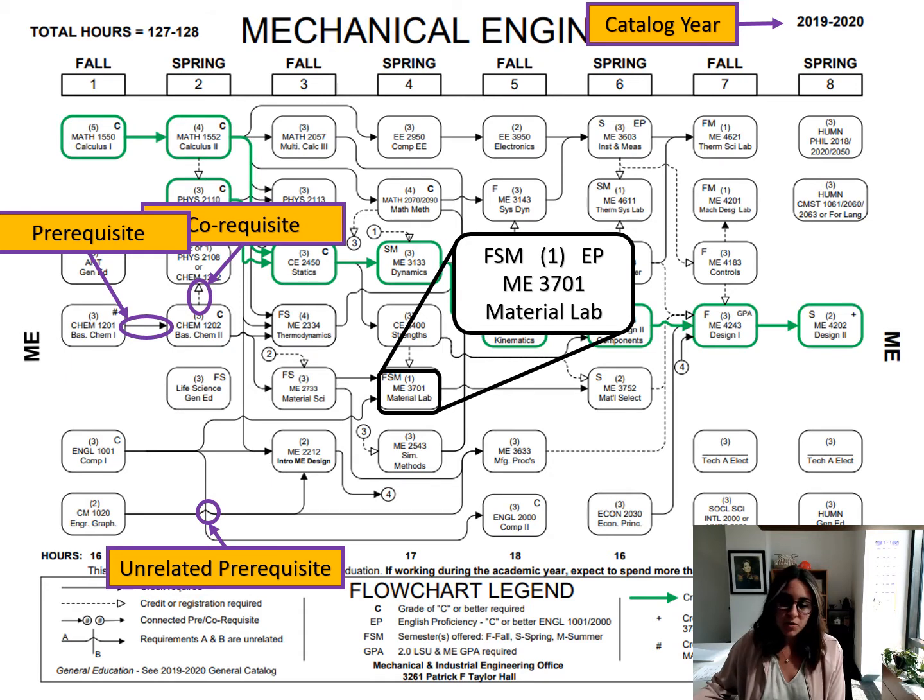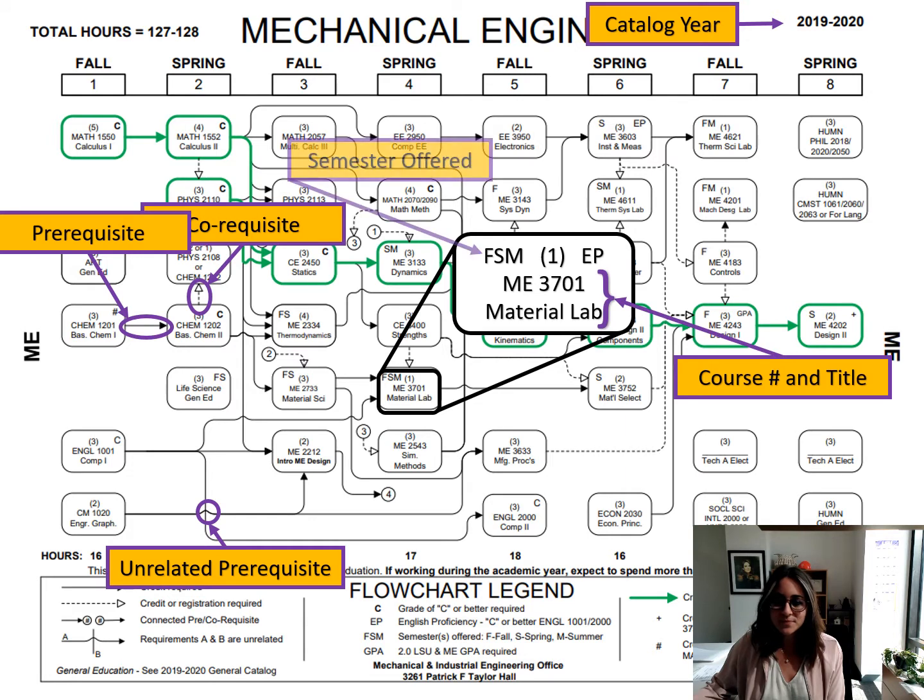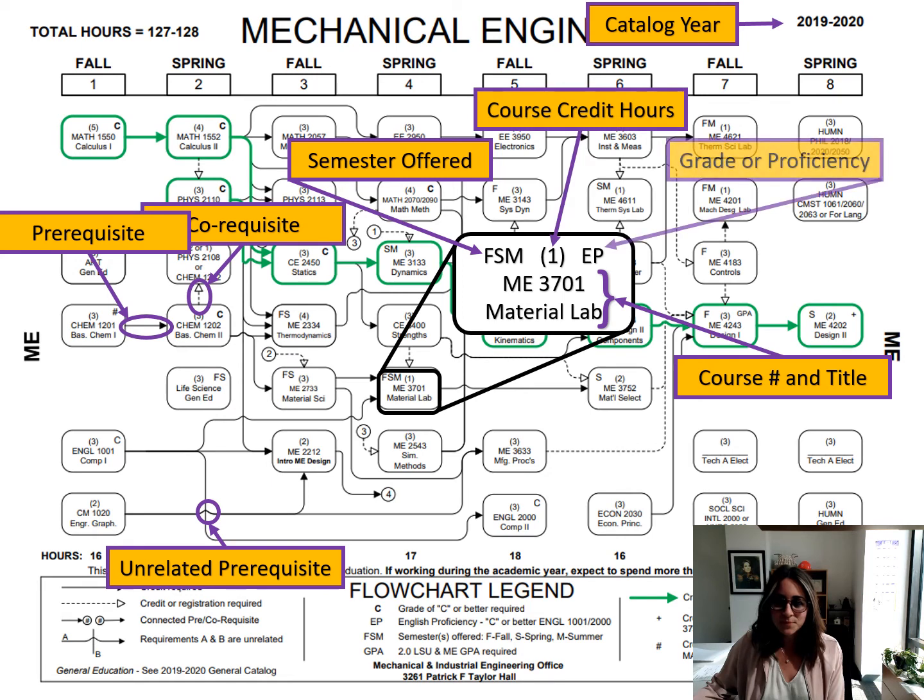And then you have the course number and the course description. Sometimes you might see a letter C up in that corner. That means that you will need a C or better before moving on to the next course.